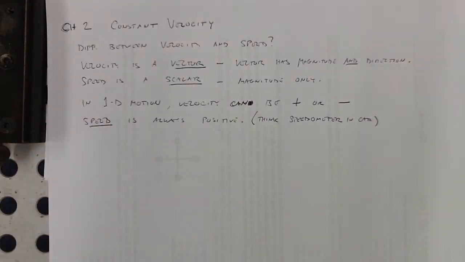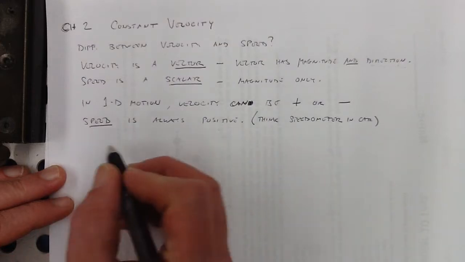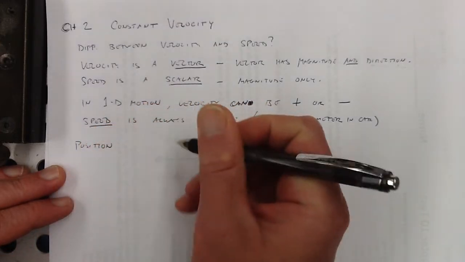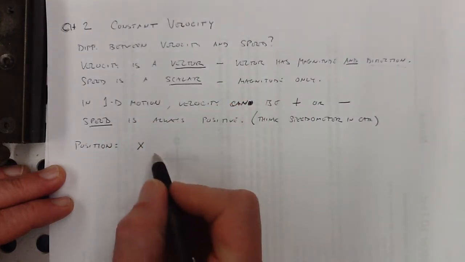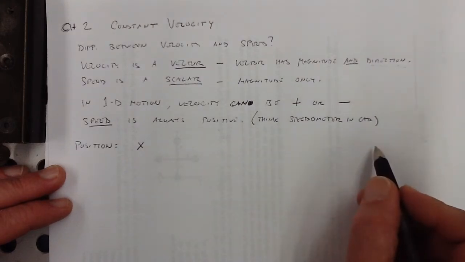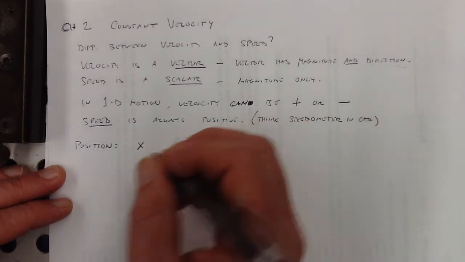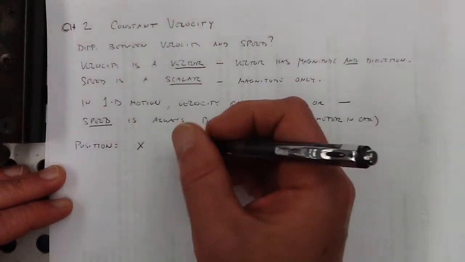All right, so let's define some stuff here. If we call the position x. So if we imagine we're just moving in one dimension, then that one dimension could be like a number line. We could think of it like an x-axis. So position x, can the position of something be positive or negative?